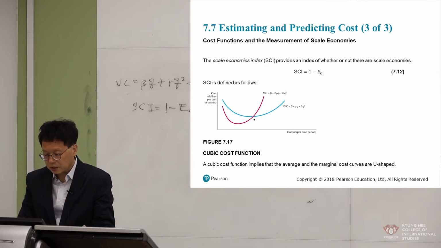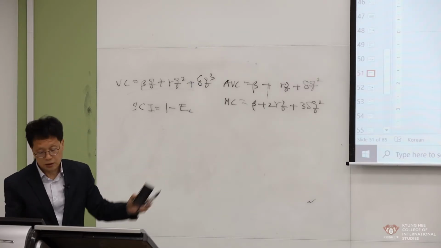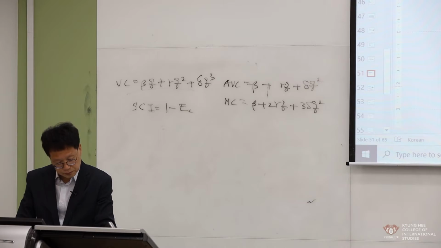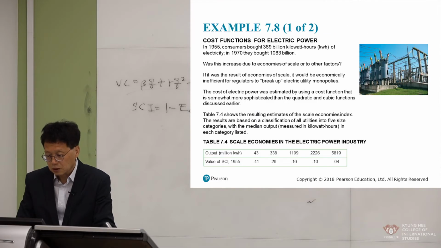SCI is defined as follows, right? The average cost and marginal cost curves are like this. Average variable cost is like this, right? The cost function implies the average and marginal cost curves are U-shaped in this cubic function, right?